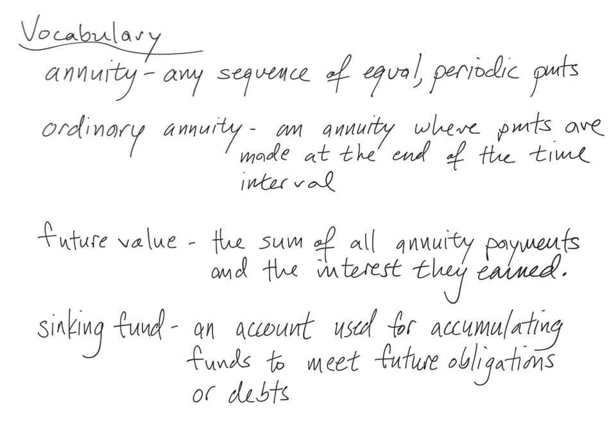All right. Next, ordinary annuity. This is just to distinguish between all the different types of annuity that do exist out there. And we will only focus on ordinary annuities. It's just an annuity where payments, again, PMTS, are made at the end of the time interval.